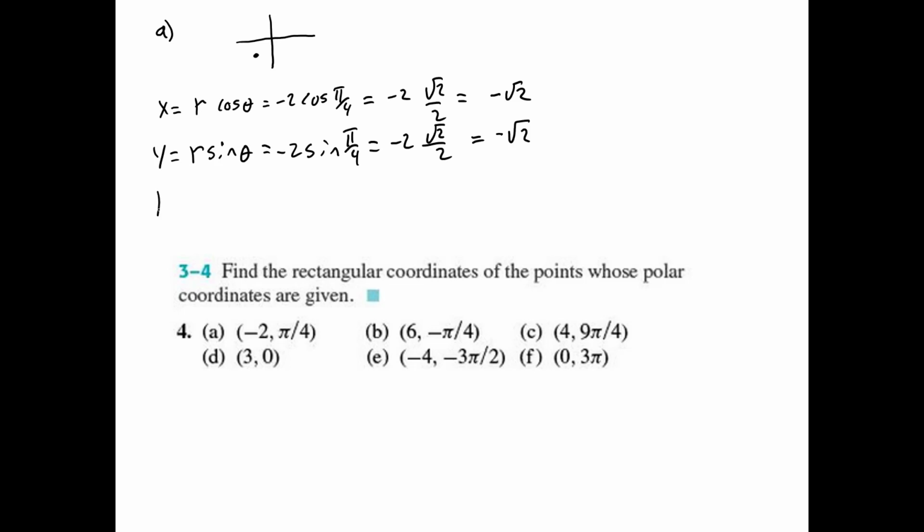For B, your angle is negative pi over 4 and your r value is 6. So again, a quick sketch. Your angle is negative pi over 4, so you rotate it down and you move 6 units along the positive x-axis, so you're down here. But then your x is r cosine theta.